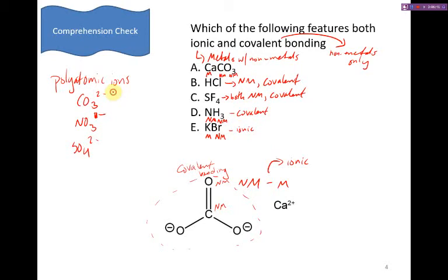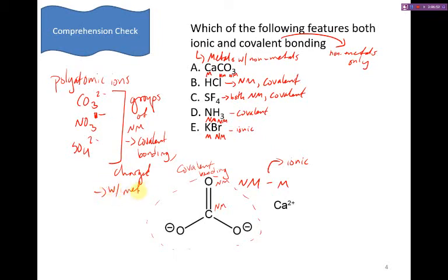All of these polyatomic ions are groups of nonmetals, and therefore they exhibit covalent bonding. However, because they are charged, when they interact with metals, you also get ionic bonding.